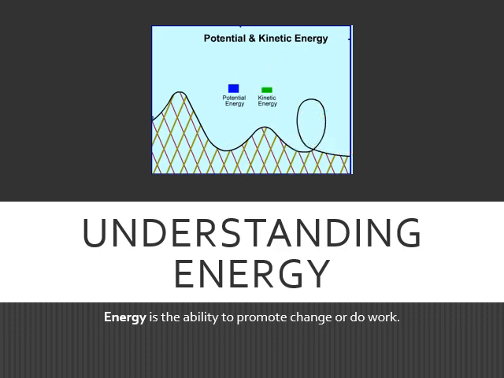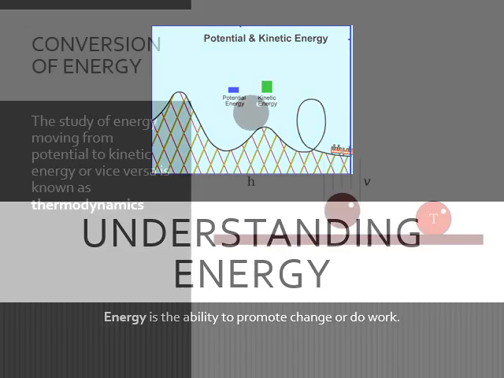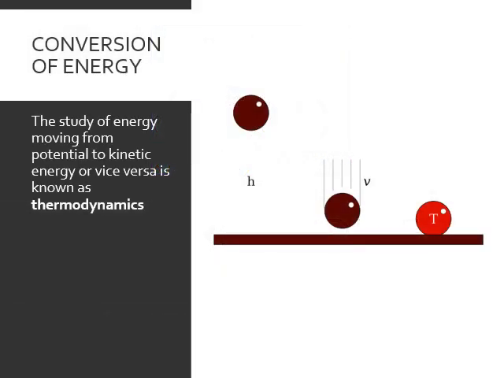As potential energy decreases, kinetic energy increases, and vice versa. You can convert from one form of energy to another. That conversion, or the study of that conversion, is known as thermodynamics. You've probably heard of thermodynamics before. It's a really big, scary word.